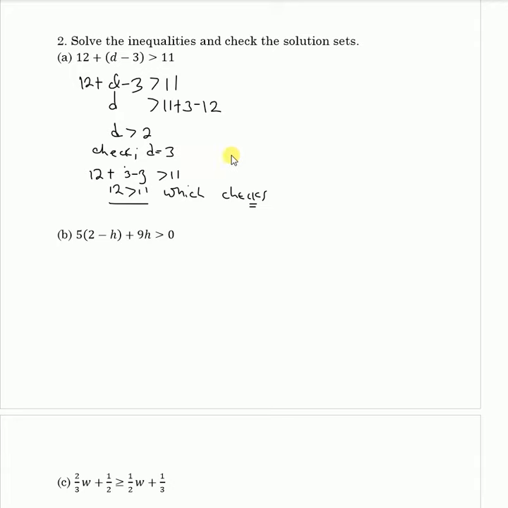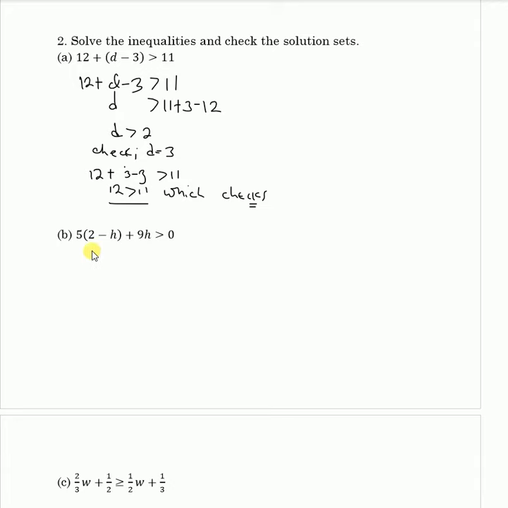With 100, this is 12 plus 100 minus 3. That one is 97, then 97 plus 12, you get the answer there, and that answer is greater than 11. And it still checks. So you can check with any number, but use the same number. Don't overdo it, please. Get a number which you can easily solve and get the answer.